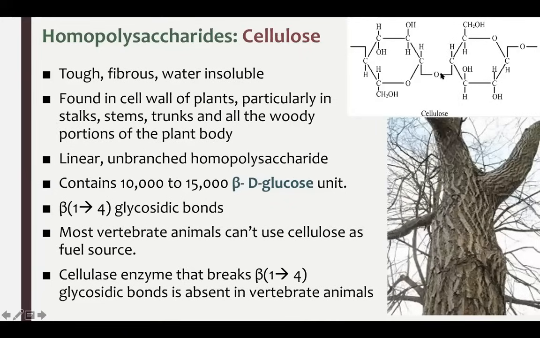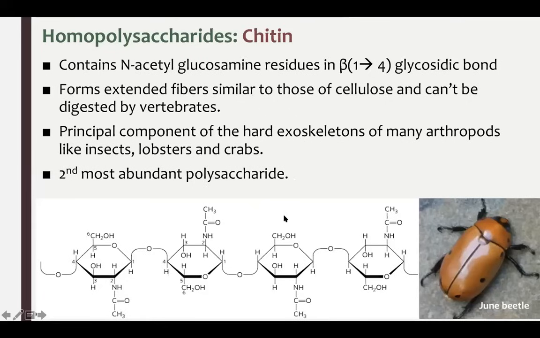Because humans don't have the cellulase enzyme, they cannot fully digest cellulose-containing food or vegetables. For example, we eat various types of leafy vegetables, and those are not digested.